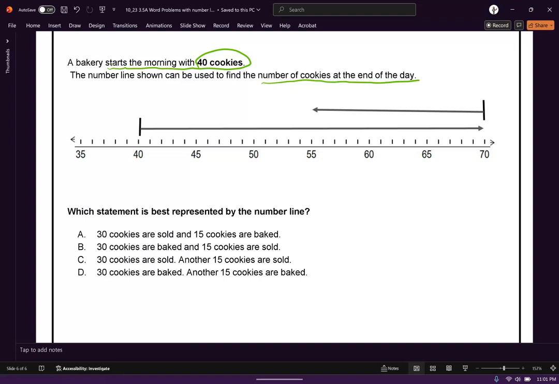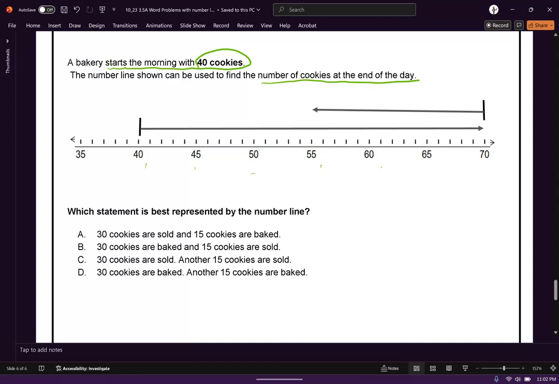Okay. So they start with 40 cookies at the beginning of the day, so that's why our number line starts with 40. If we look at our numbers, we see that they're counting by fives. Now, we have to look and see how many it went to.